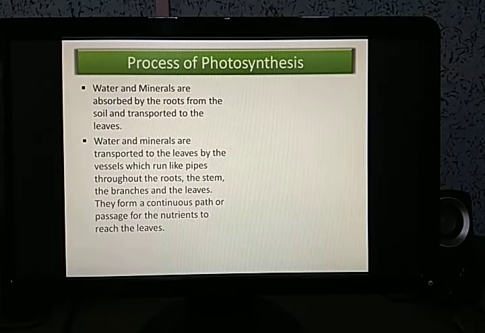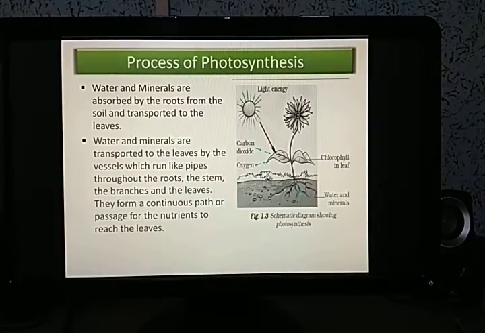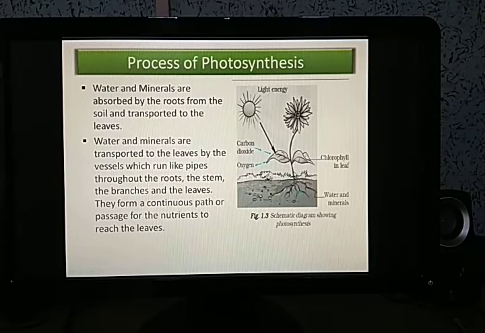Okay, let me show you the diagram. So you can see here, these are the roots. From the roots, the water and the minerals are absorbed, and through this pipe-like structure, the water and the minerals run through the roots to the stem, and then gradually to the branches, and ultimately to the leaves.